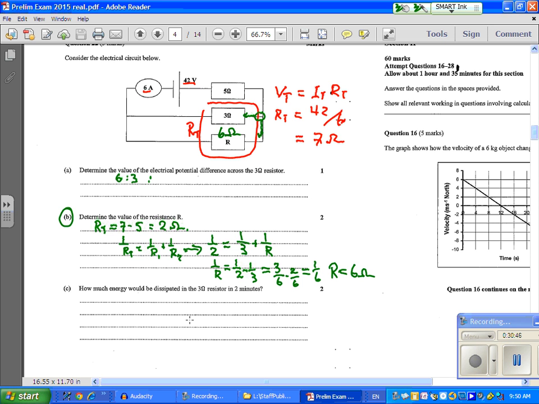So through here, 1/3 will flow, and through there, 2/3 will flow. So the current through the 3 ohm resistor, as the ratio is 1/3 to 2/3, must be 4 amps.